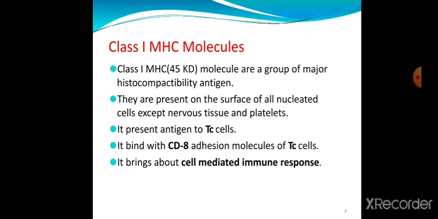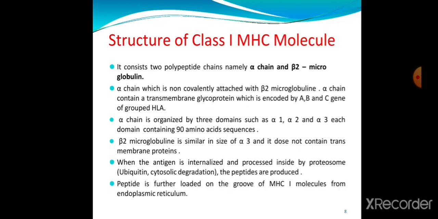It consists of two polypeptide chains, alpha chain and beta 2 microglobulin. The alpha chain is non-covalently attached with beta 2 microglobulin; they do not bind very strongly.